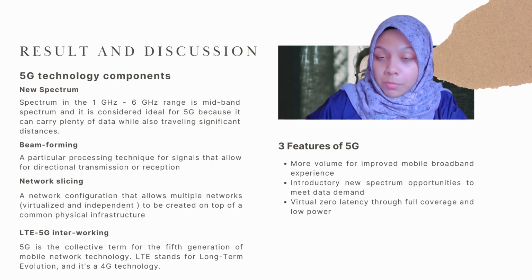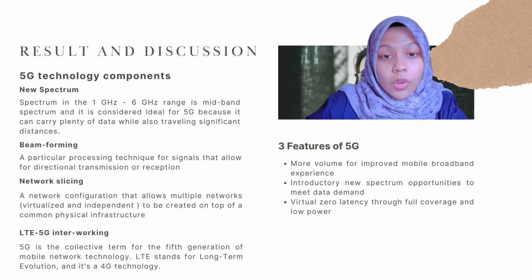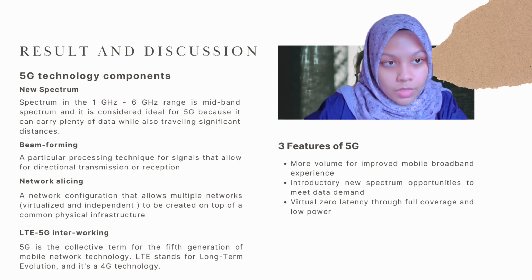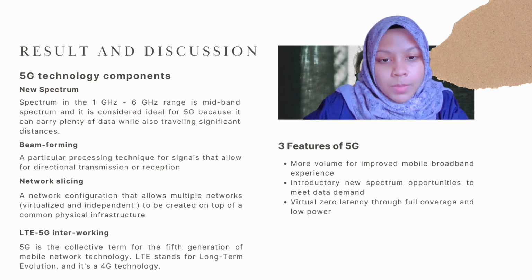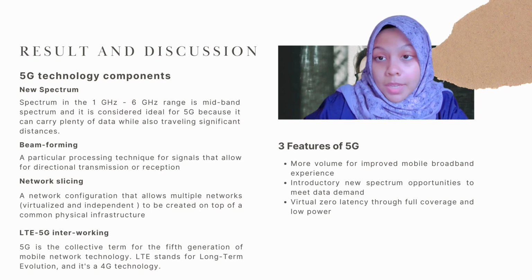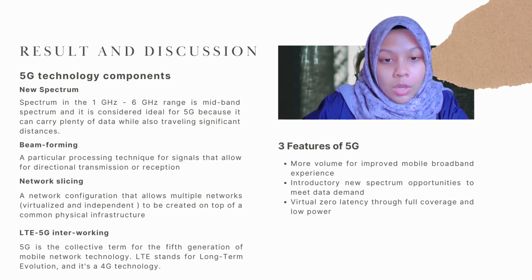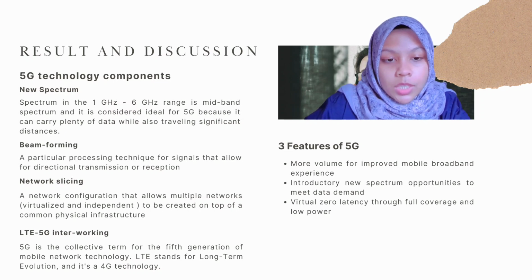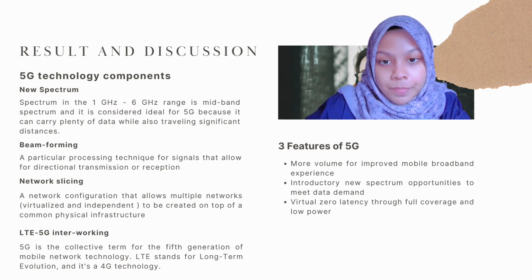Beamforming is a signal processing technique that allows for directional transmission or reception. Network slicing is a network configuration that allows multiple virtualized and independent networks to be created on top of a common physical infrastructure. And lastly, LTE 5G interworking. 5G is a collective term for the 5th generation of mobile network technology. LTE stands for Long-Term Evolution, and it is a 4G technology.